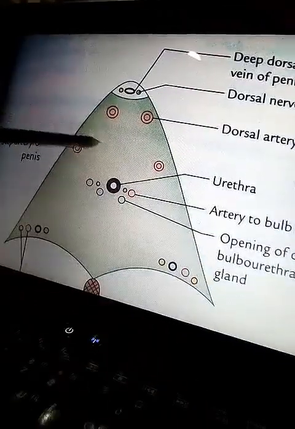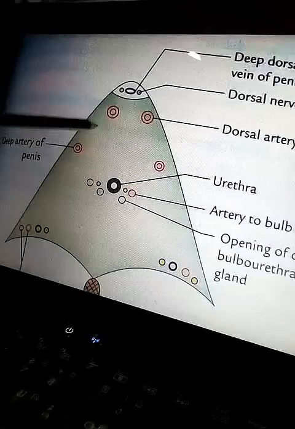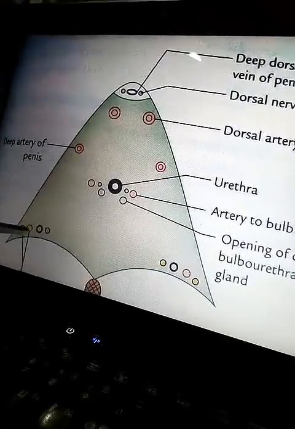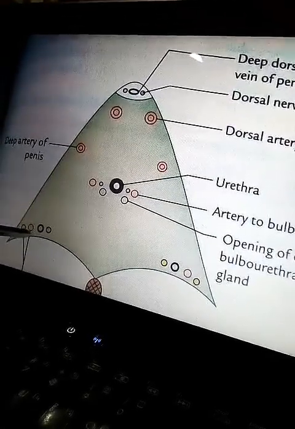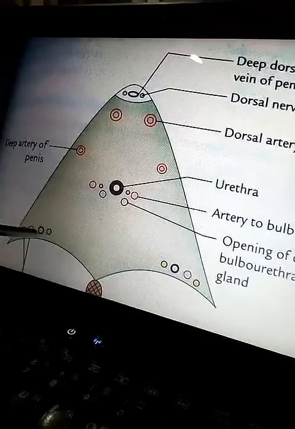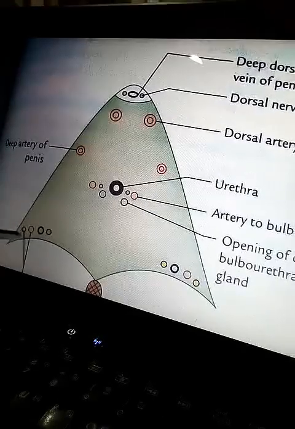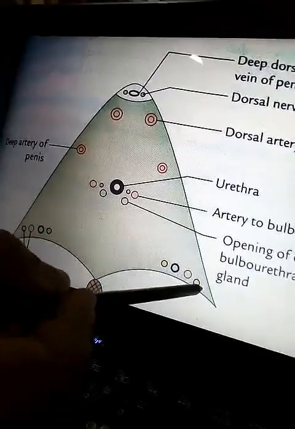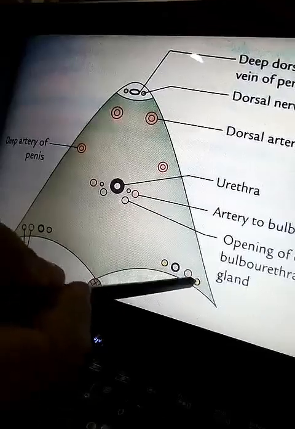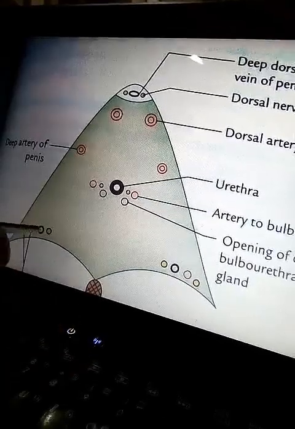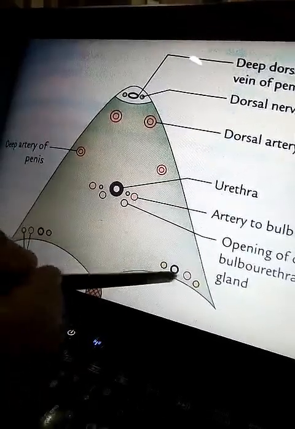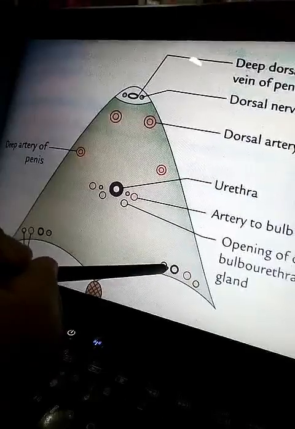Now, structures that pierce the perineal membrane. First are the posterior scrotal or posterior labial nerves and vessels on each side at the base. Posterior scrotal vessels and nerves in males, while posterior labial vessels and nerves in females.